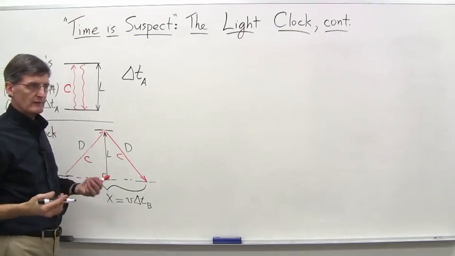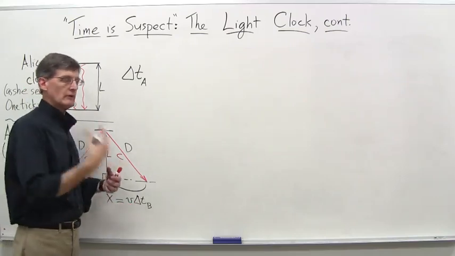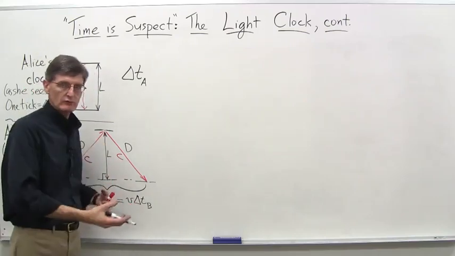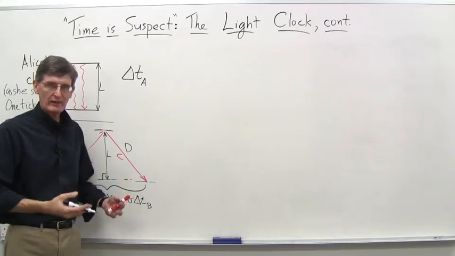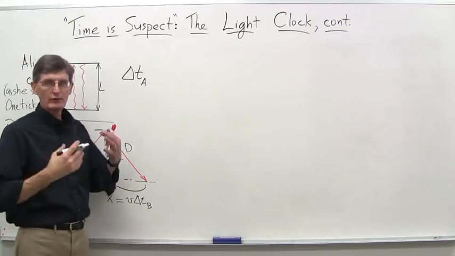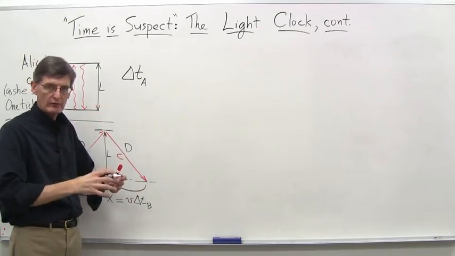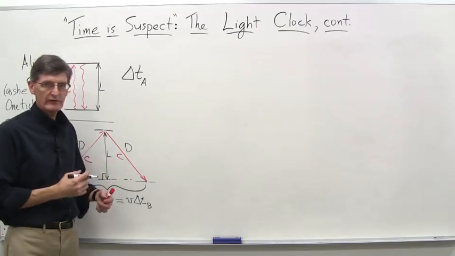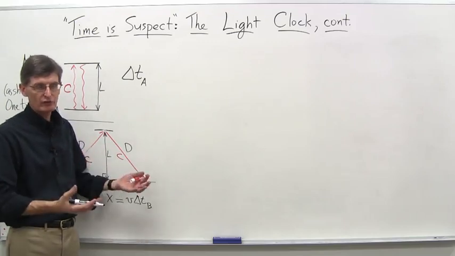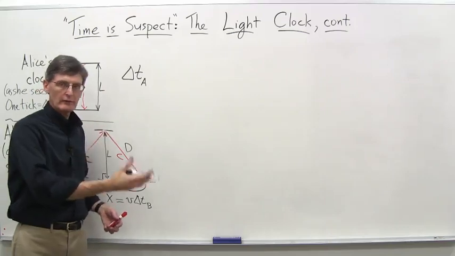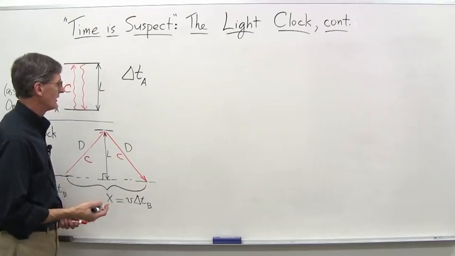We know if we have a distance to cover and we have a certain velocity, if we want to go 120 kilometers and we're going at 60 kilometers an hour, or 120 miles at 60 miles per hour, we take the distance, divide by the speed we're going, and that gives us the elapsed time. So 120 divided by 60 is 2 hours. Same thing for 120 miles at 60 miles per hour, 2 hours in either case.